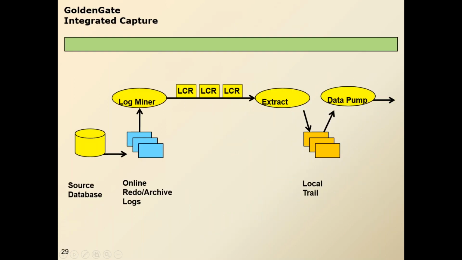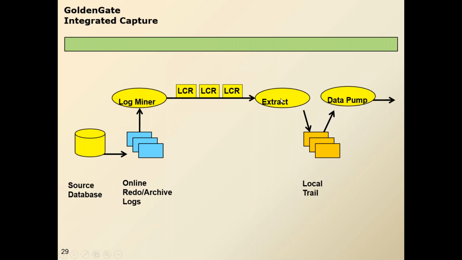In the case of integrated capture, a LogMiner database gets built. Whatever changes are written to the redo logs, a copy of those changes gets written to the LogMiner database.